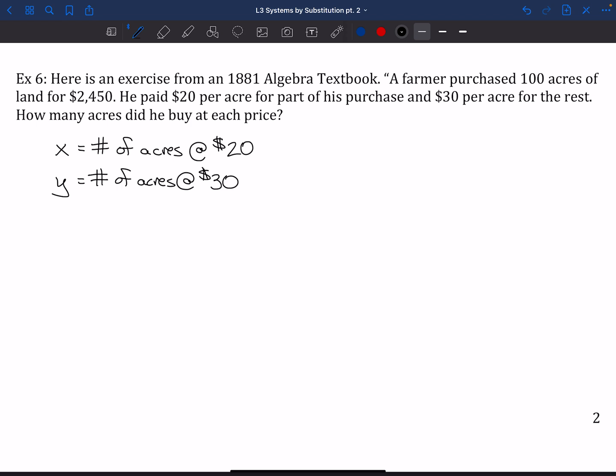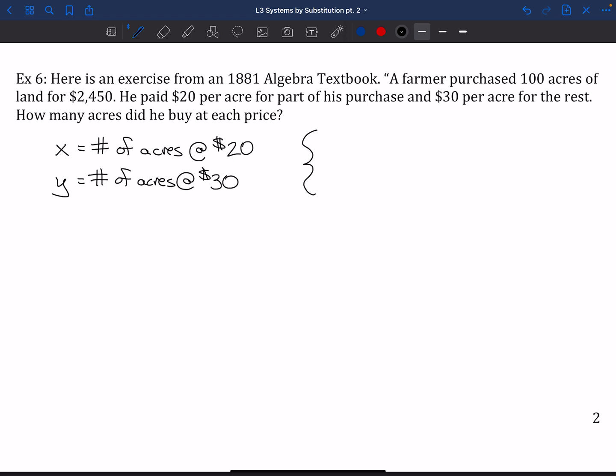Now we can take our information from the word problem, and since we have some variables, we can actually work something out. I'm going to set myself up a little brace so I can write in my system. We know that we purchased 100 acres of land for $2,450. We paid $20 for part of it, $30 for the rest.